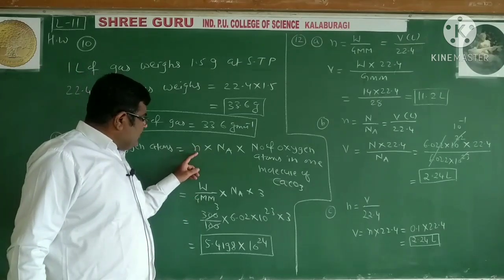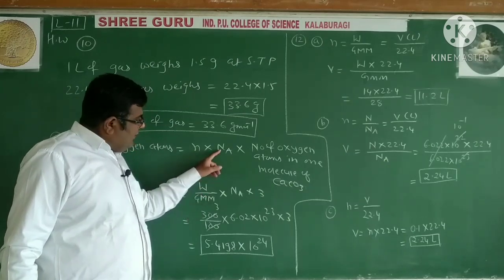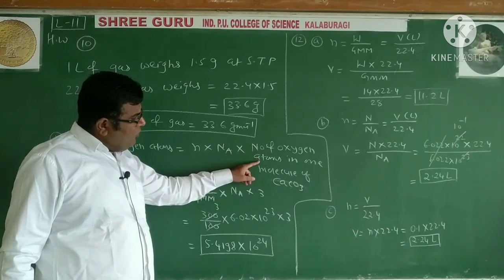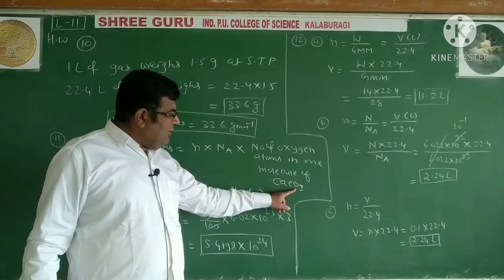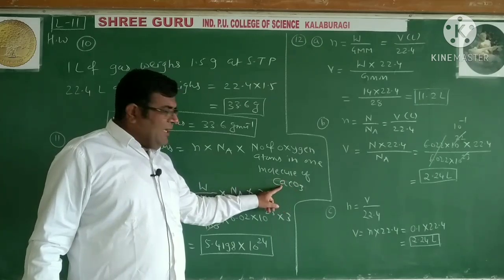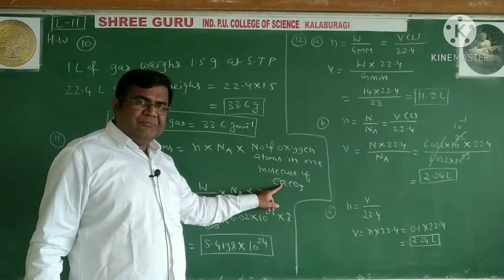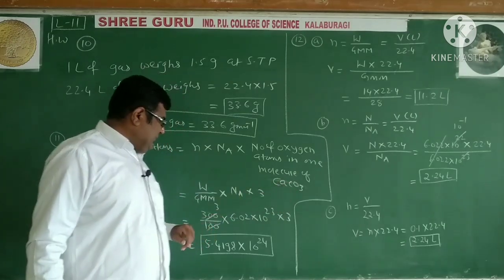This number of moles can be written as mass by gram molar mass, times Avogadro number, times the number of oxygen atoms in 1 molecule of calcium carbonate, which is 3, because 1 molecule of calcium carbonate contains 1 atom of calcium, 1 atom of carbon, and 3 atoms of oxygen.